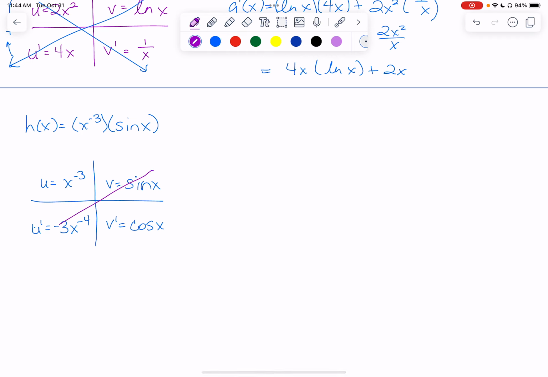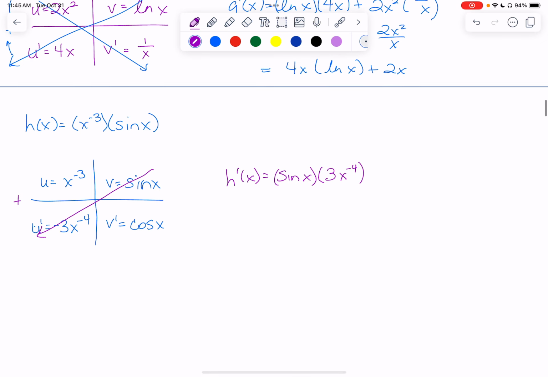We'll do it back to purple. So I'm going to have that my derivative, h prime of x, is equal to sine x times 3x to the negative 4. I'm going to put my little plus and flip up this direction. Plus, and I'm going to come down this way. And I'm going to have an x to the negative 3 times a cosine x.